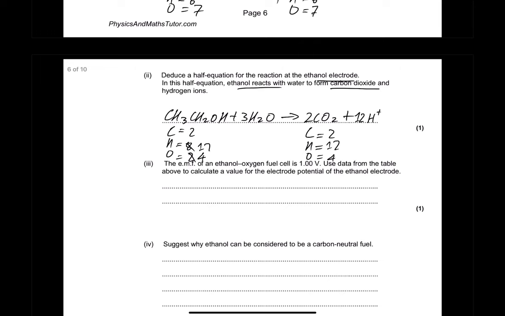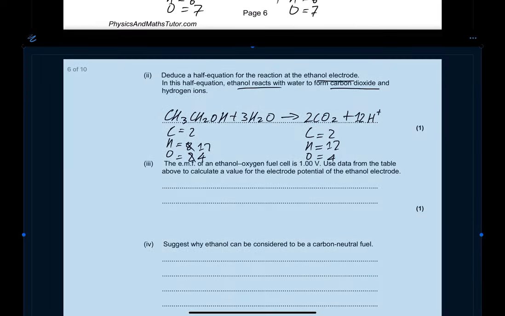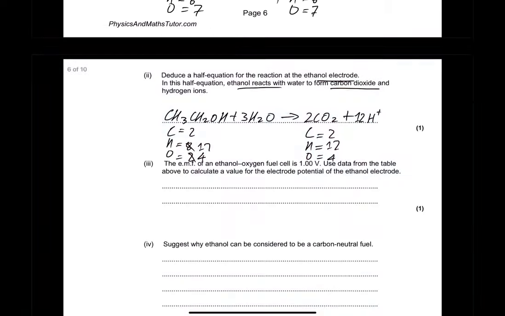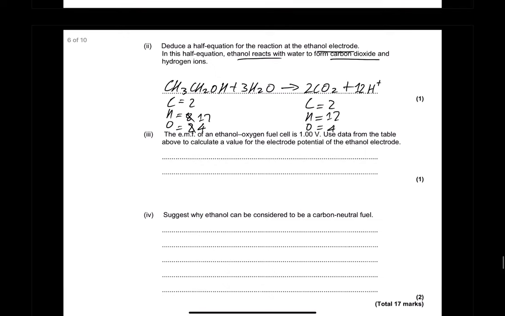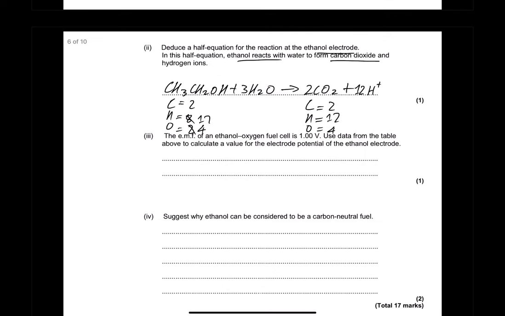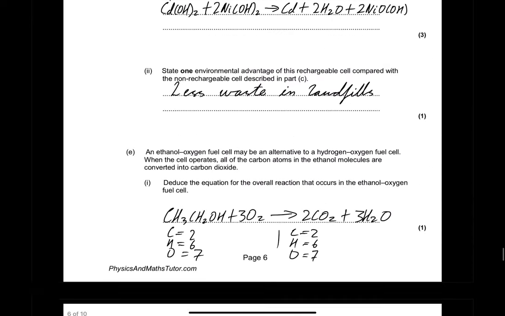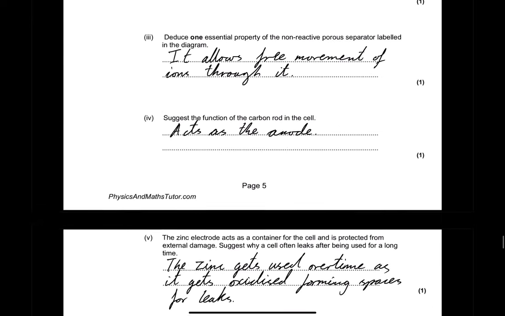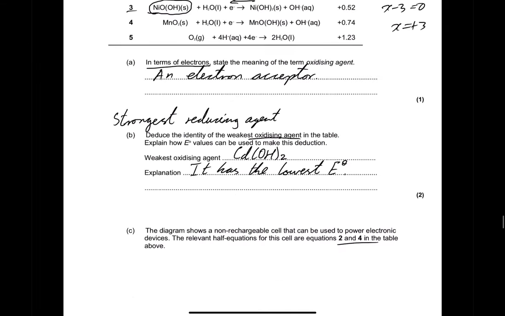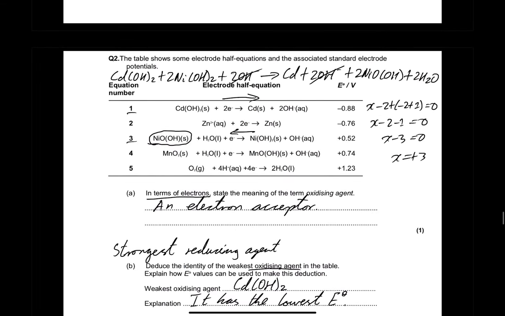The EMF for the ethanol oxygen fuel cell is 1. Use data from the table above to calculate the value for the electric potential of the ethanol electrode. So oxygen is 1.23.